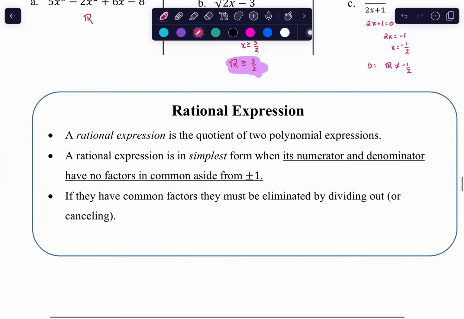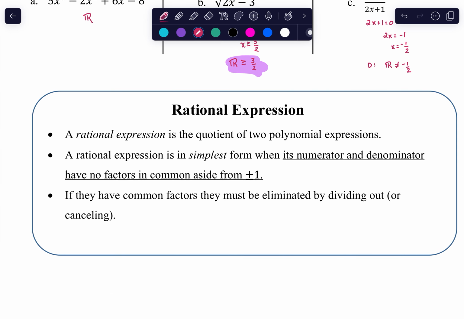All right, so this little box here sort of summarizes that because we're going to switch gears a little bit and go into simplifying them. So we're going to talk about what rational expressions are. A rational expression is just when we're dividing 2 polynomial expressions, okay? We need to make sure that they're in simplest form. Simplest form is when the numerator and denominator have no factors in common aside from +1 or -1.